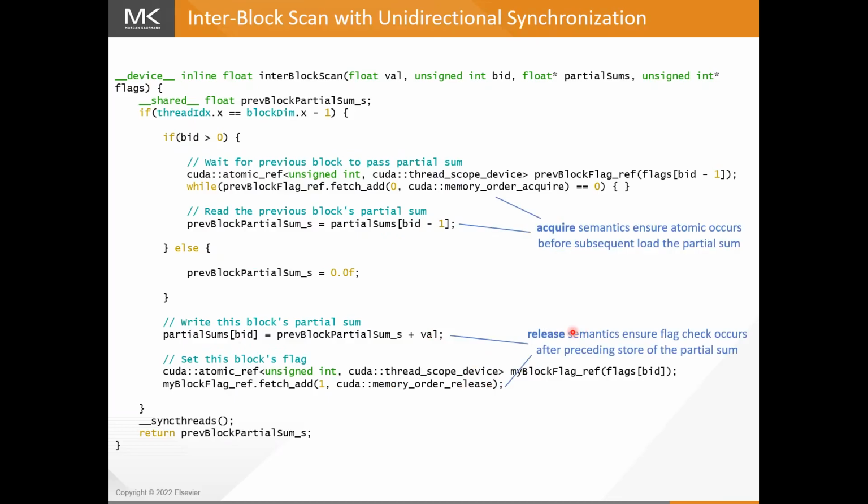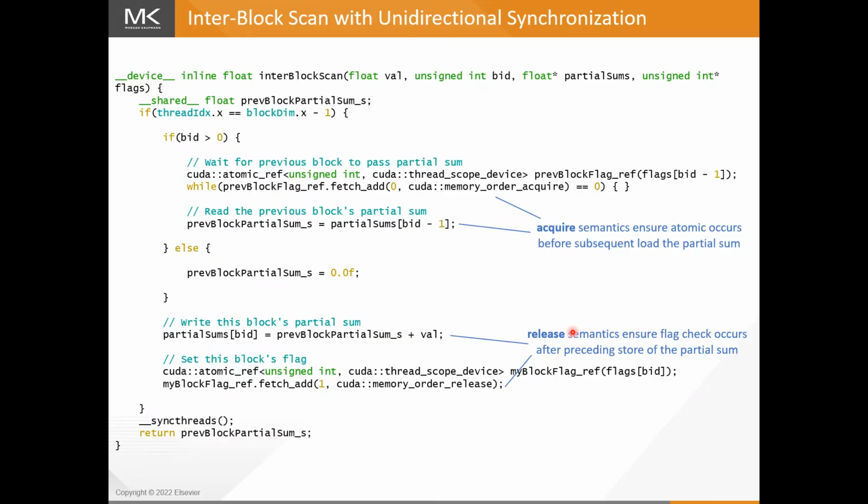Now, one thing that we need to do to make sure that this works is we need to make sure that the earlier blocks get scheduled before the later blocks. That's easy to do. Instead of using blockIdx.x, we're going to have a counter, and every thread block will atomically increment that counter when it starts executing and acquire a block index from the counter.